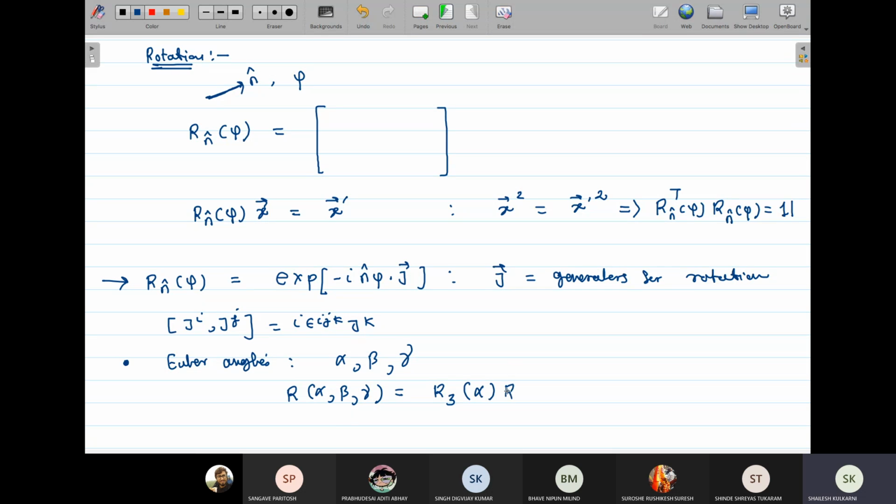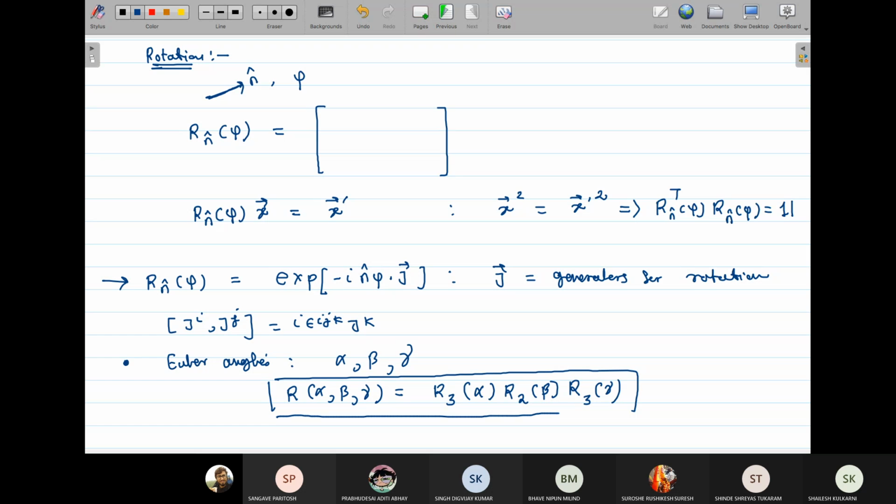Then rotation about the y axis by an angle beta, and again rotation about the z axis, the old z axis, by an angle gamma. This is the Euler angle parameterization for rotation.